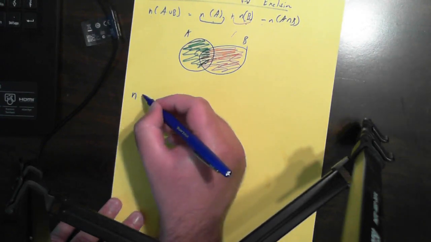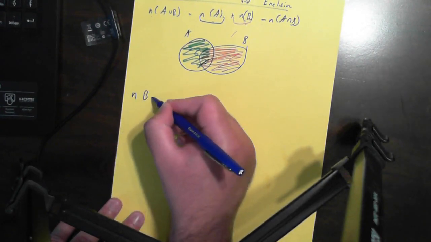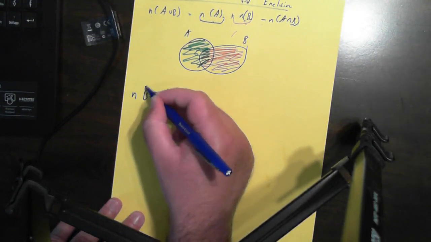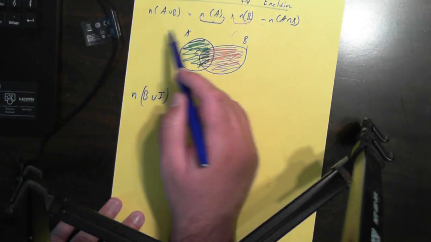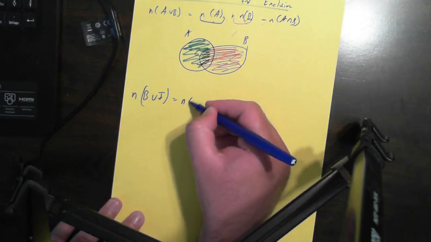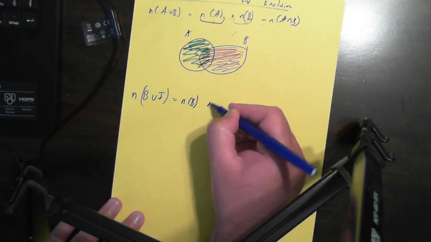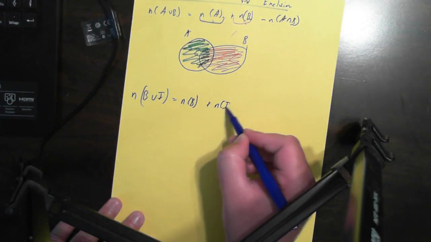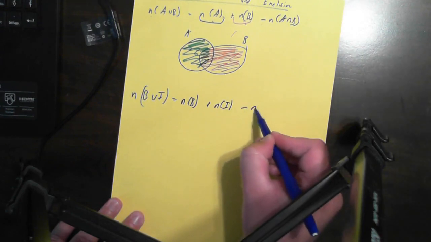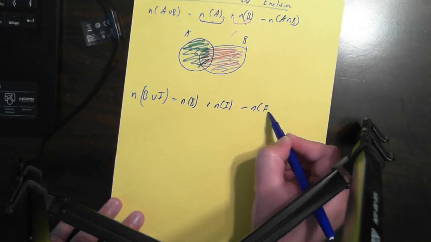So this would be the number of sports that use a ball or an implement. Well, it's just going to be following the formula: the number of sports that use a ball plus the number of sports that use an implement minus the number of sports that use both.